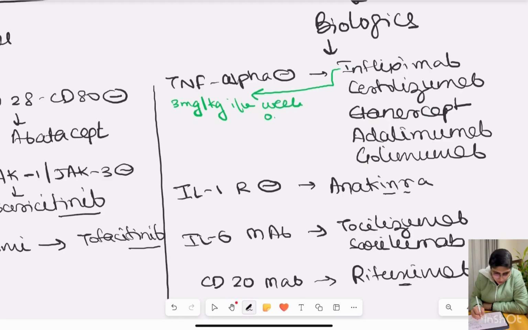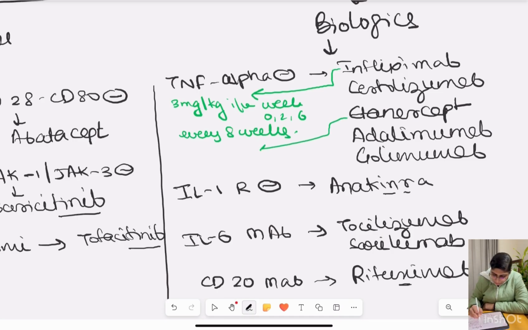It is given at week 0, then week 2, then week 6, and then every 8 weeks. You have to give this for induction for at least 6 months, and then maintenance depends on patient symptoms.